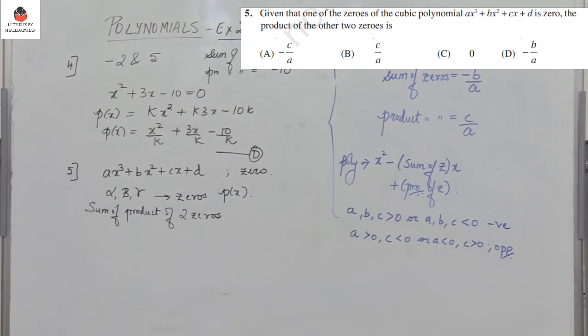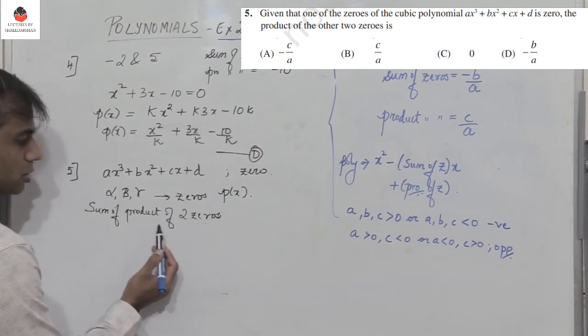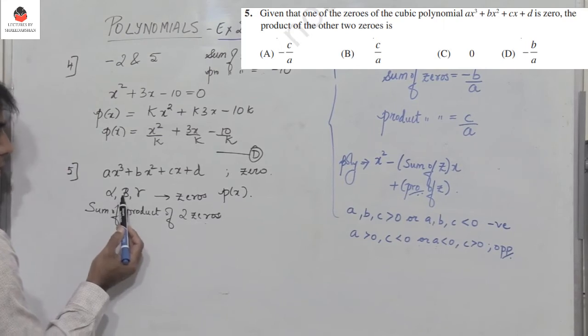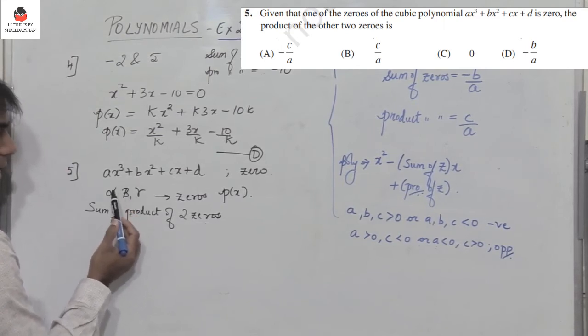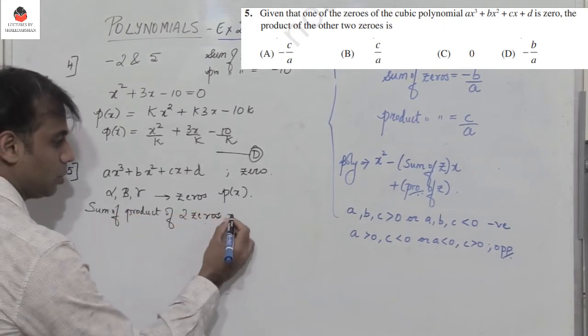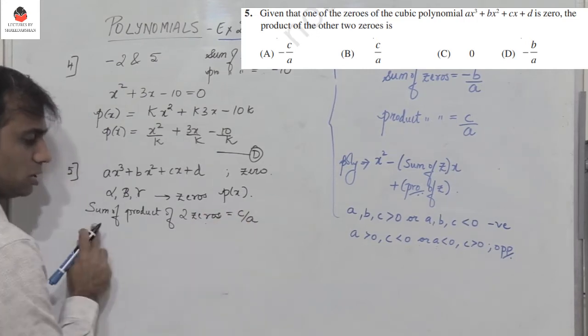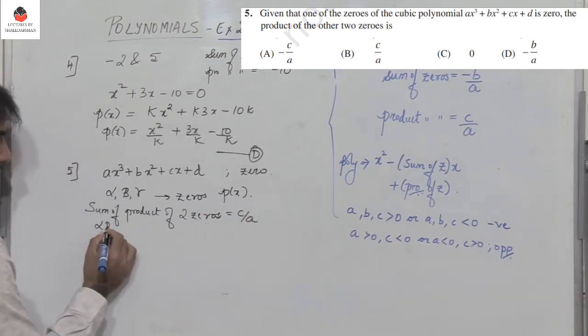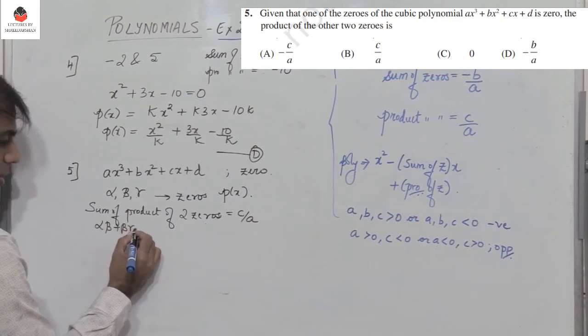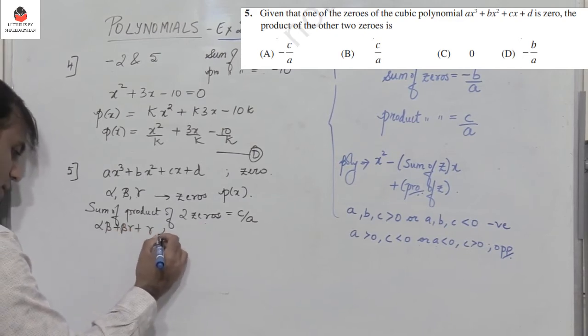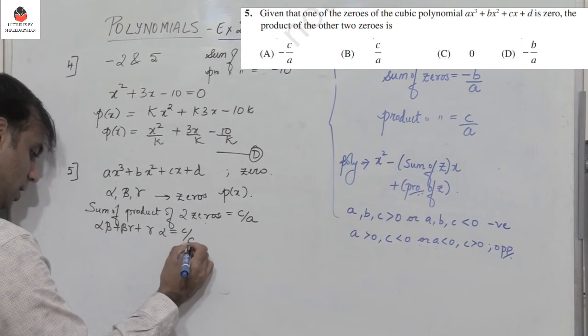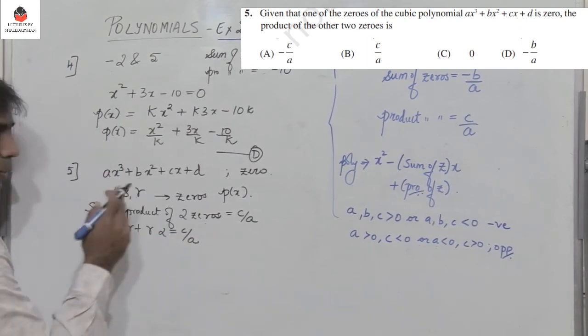And we do know that the sum of product of two zeros, that means alpha beta plus beta gamma plus alpha gamma, is nothing but equal to c by a. So this is known. So we have alpha beta plus beta gamma plus gamma alpha is equal to c by a. So one of the zeros of the cubic polynomial is 0.